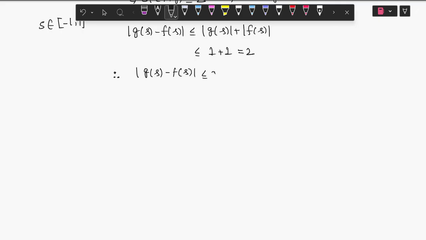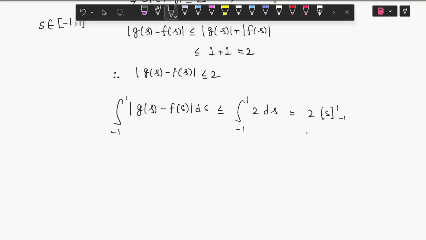is less or equals to 2, now if we integrate that from -1 to 1, mod of g(s) minus f(s) ds, that is less or equals to integration from -1 to 1 of 2 ds, right, which is equal to 2 into the range from -1 to 1, that is 2 into 2 which is equal to 4, right?